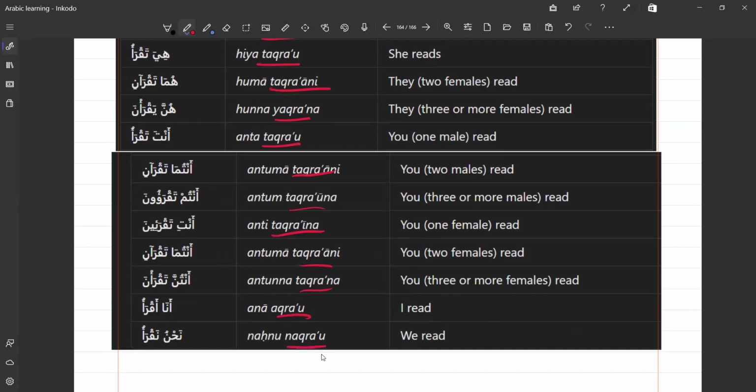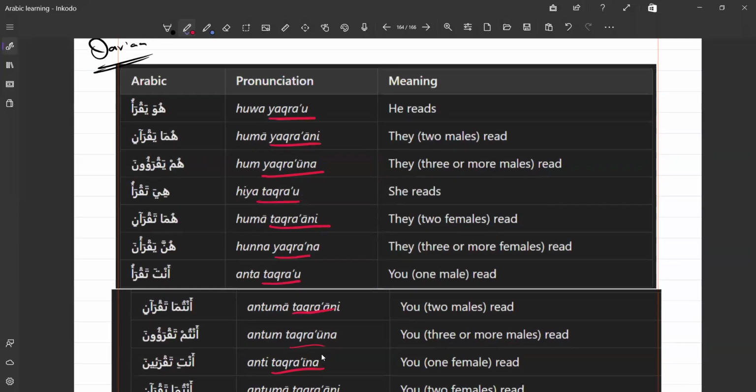So the same way we have listed down all the present tense variations, the girdan of the word yakrau. Yakrau means he reads, since we are talking about the present tense now. So this is the girdan of present tense. You see how the girdan works. So I want you to make the girdan in a similar way for the remaining verbs I showed you in the previous slide, the list of verbs from past tense.